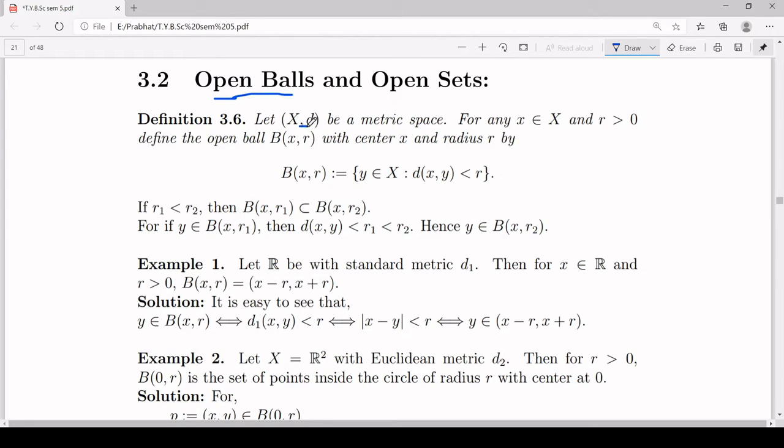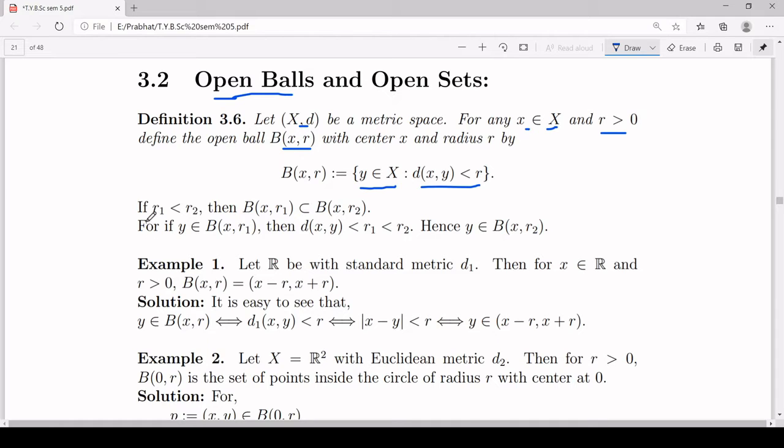Suppose (X, d) is a metric space, X is a set and d is a metric on your set X. For any element small x of your metric space X and r greater than 0, r a positive real number, B(x, r) will denote your open ball, and is defined as the set of all points y in your set X such that the distance between x and y is less than r.